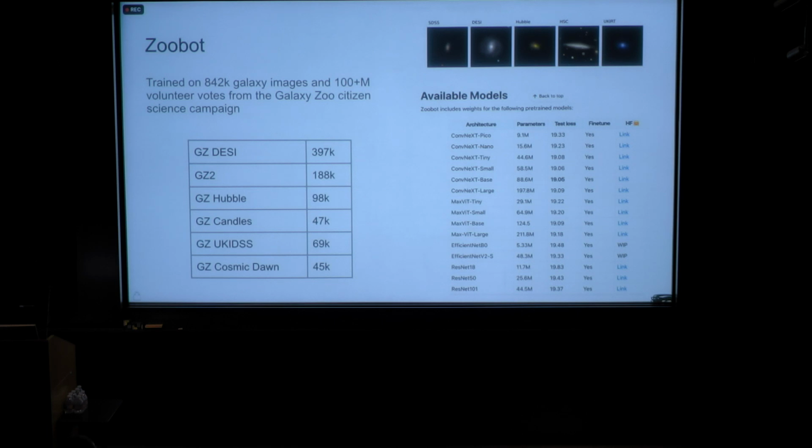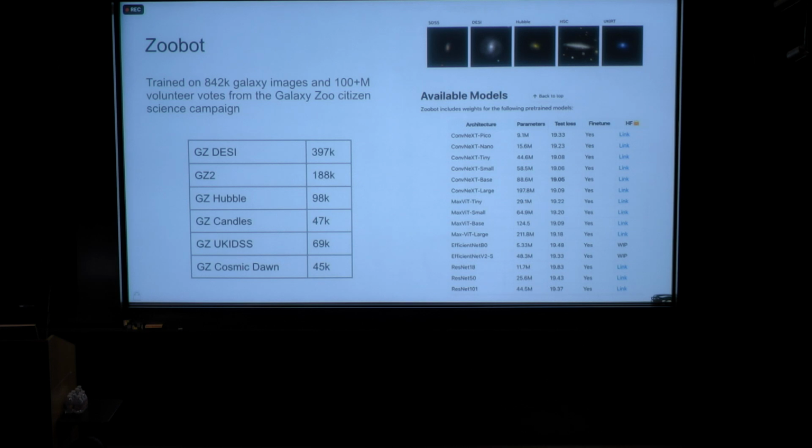The data set contains real galaxies from different surveys, and the Zoobot models are a whole suite of machine learning models, and most of these are CNN-like models, or some of these are also transformers.